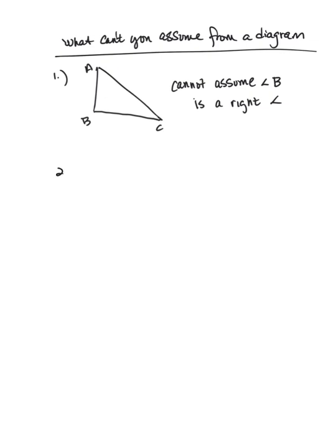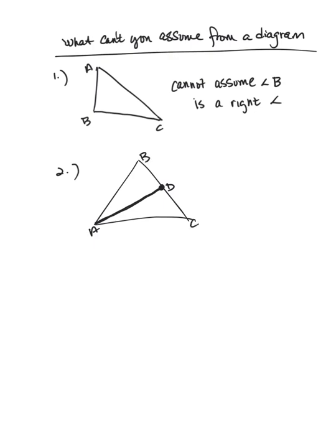Something else you can't assume. So let's say I have a picture drawn, and it looks like AD bisects BC.